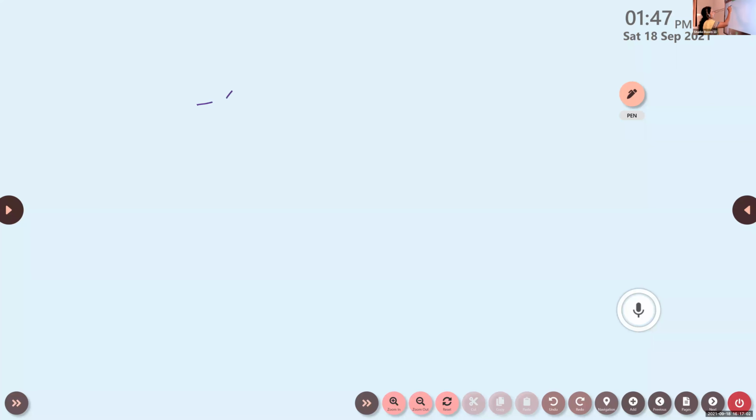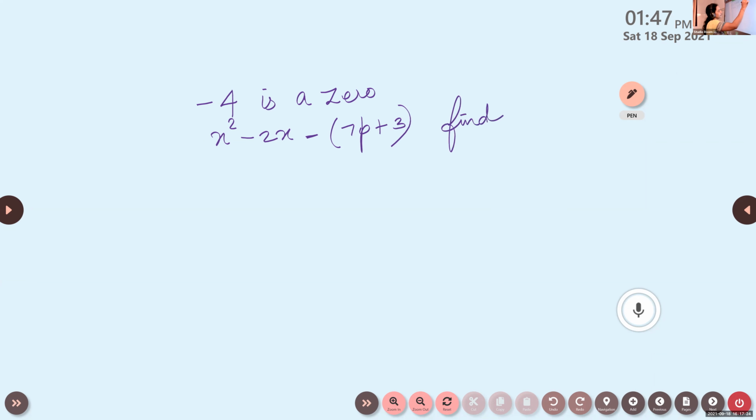If minus 4 is a 0 of the polynomial x square minus 2x minus of 7p plus 3, find p.